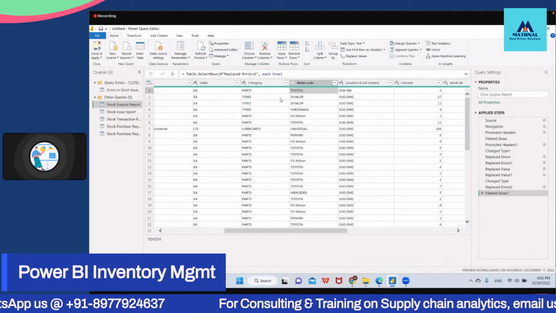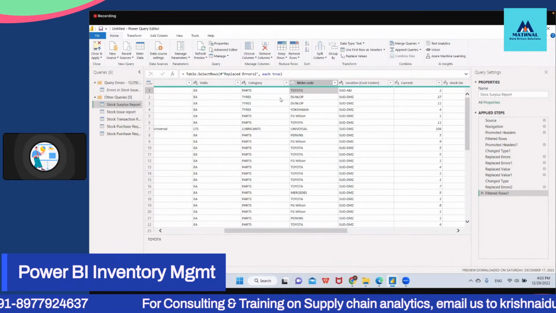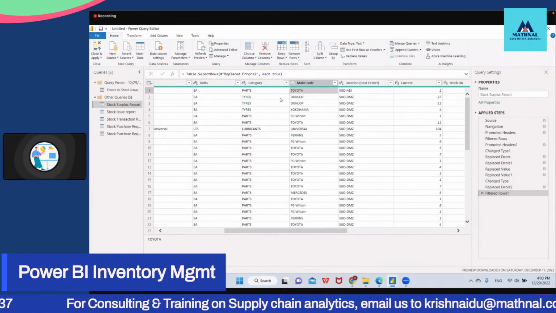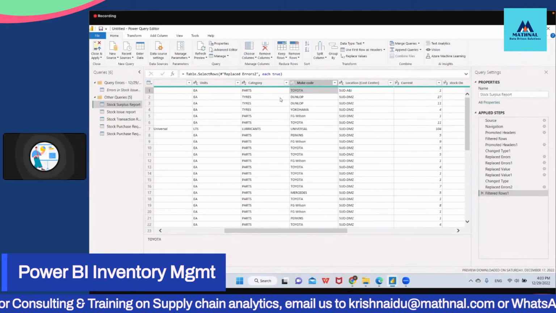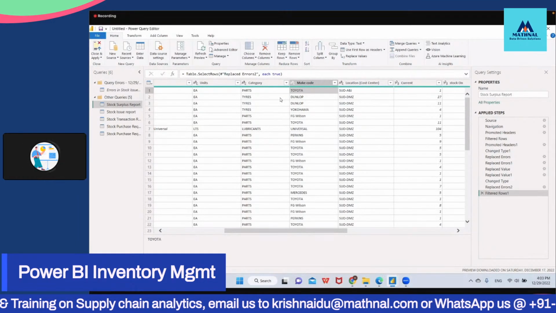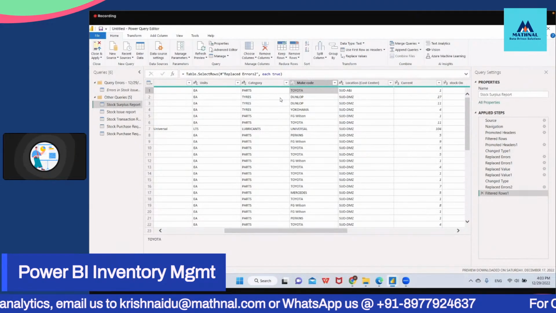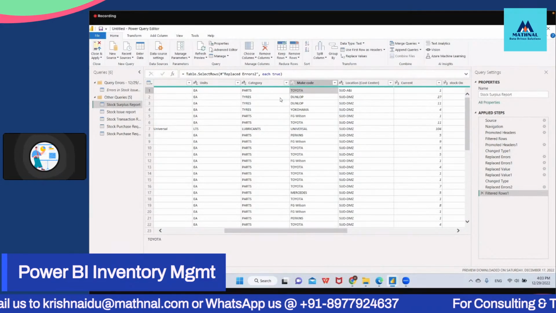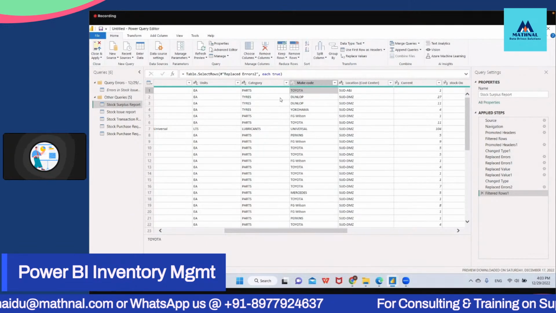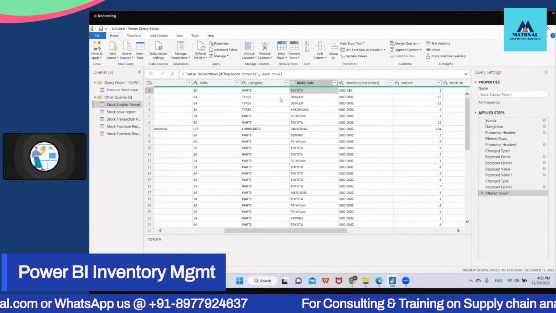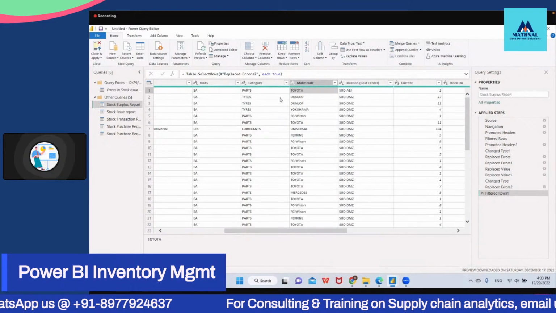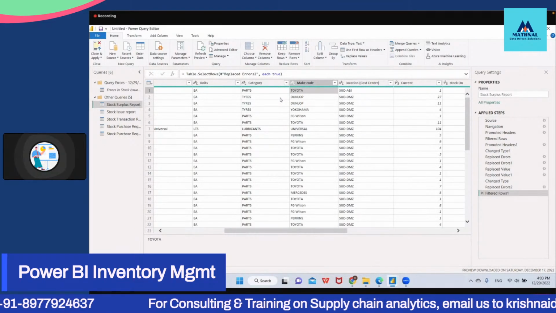Chroma has both the electronic as well as brick and mortar, which means the physical shops. So Chroma has the electronic retail version as well as the brick and mortar retail version.